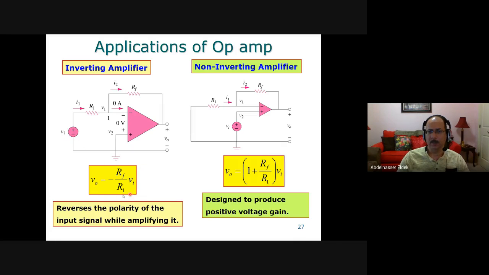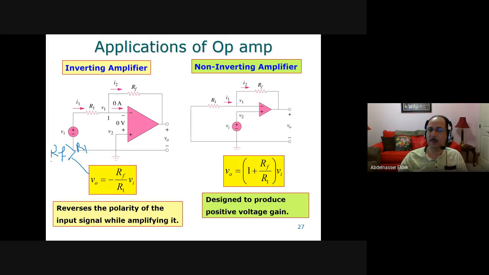Okay, so when you look at this equation, first it has a negative sign. That's why we call it an inverting amplifier. And the relation between the output VO and the input depends on the values of RF and R1. For example, if RF is more than R1, RF is 100 and R1 is 1, for example, the output equals negative 100 times the input.